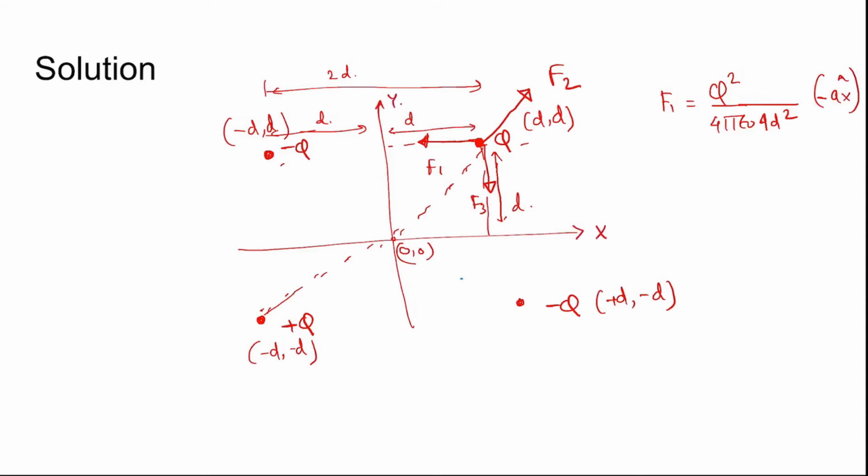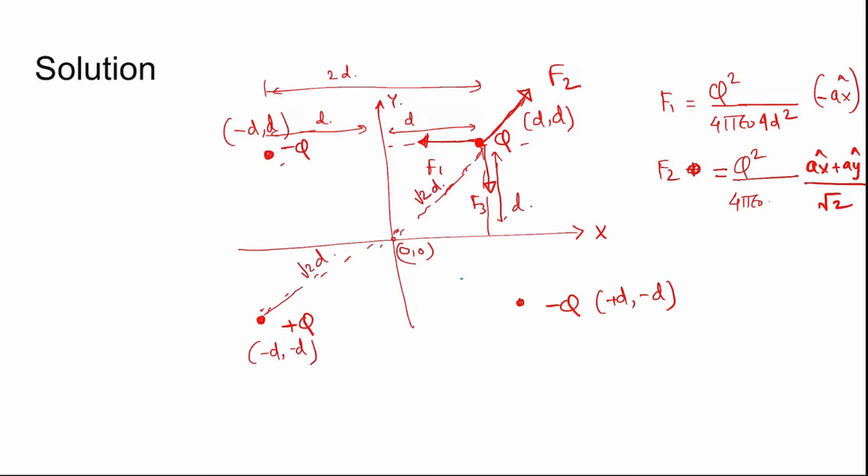So this is x, this is y, plus now f2. So what is f2? f2 is along ax plus ay hat divided by root 2. So this is unit vector along this direction, and its magnitude is q square by 4 pi epsilon naught. Now what is d? This is 2 root 2, because this is root 2d and this is root 2d.